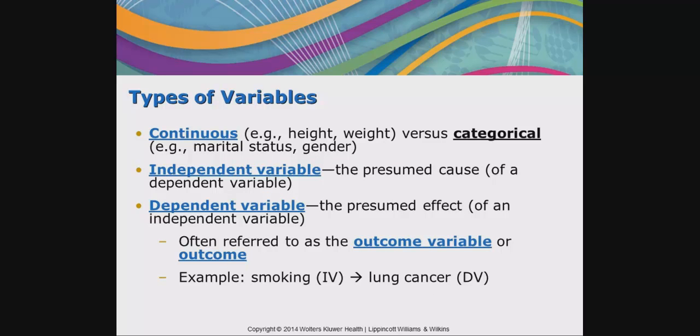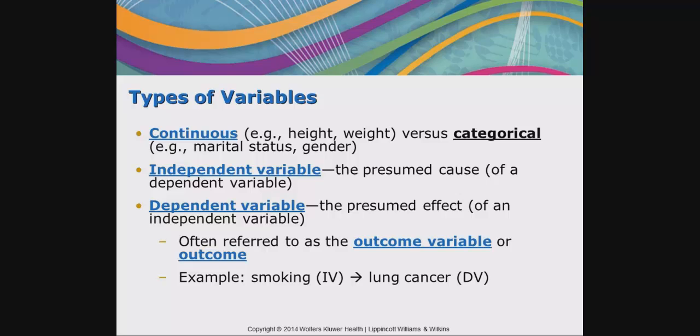And there are types of variables. There's the continuous variable that does not change during the life of the study, like height and weight. Should not change unless you're making the weight change.